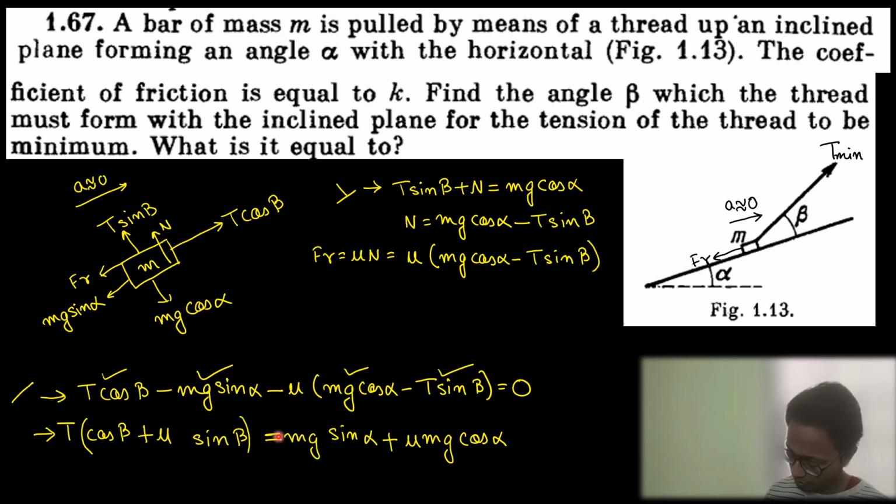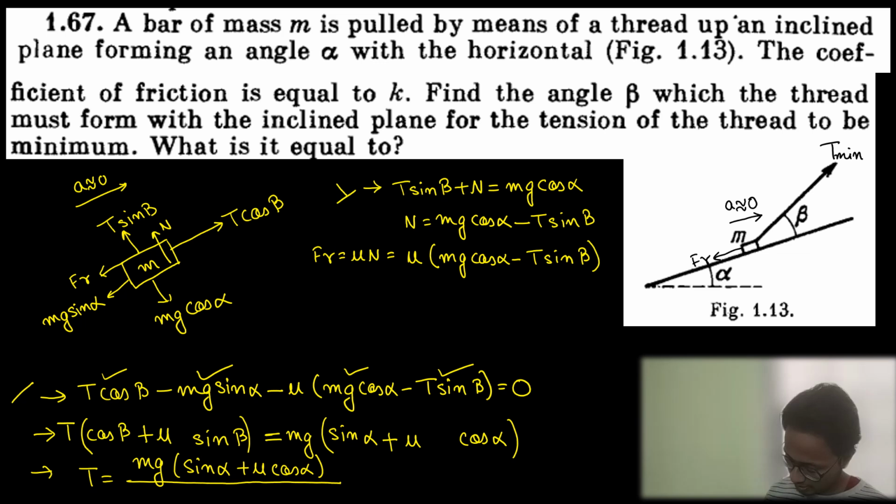And I can take mg common on the other side. So T is equal to mg (sin alpha plus mu cos alpha) divided by (cos beta plus mu sin beta). Now I have to make the value of T minimum in this equation.